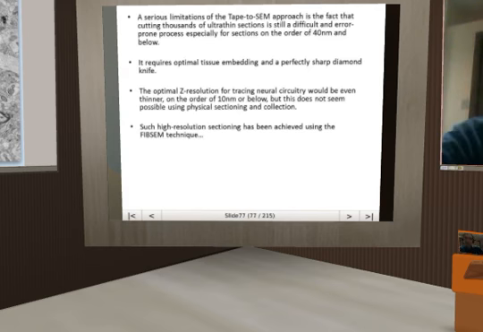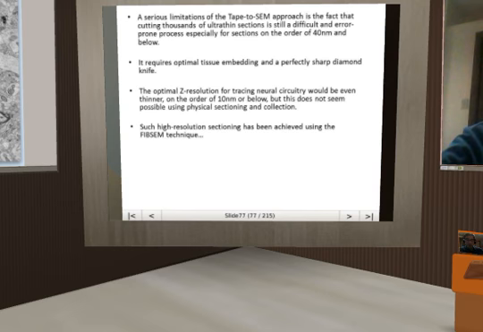So a serious limitation of this tape-to-SEM approach is the fact that cutting thousands of ultra-thin sections is still a difficult and error-prone process, especially for sections on the order of 40 nanometers and below. The ones you just saw were 30 nanometer sections, by the way. It requires optimal tissue processing and a perfectly sharp diamond knife.